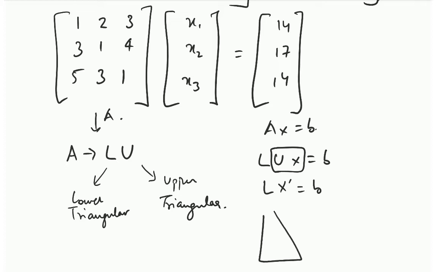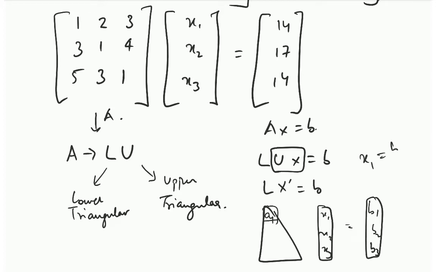Because this is your lower triangular matrix, this is your x1, x2, x3, and this is your b1, b2, b3, right? Right hand side. So what does that mean? That means that if this is a1, you can straight away read off the value of x1. x1 is b1 by a1, right? And then you substitute x1 in all the remaining equations, and then you can solve for x2, right? And then you substitute that in all the equations, you can solve for x3, right? So this is called back substitution.